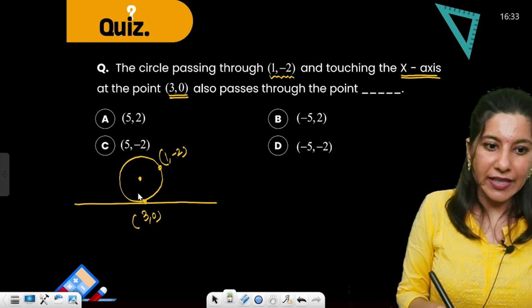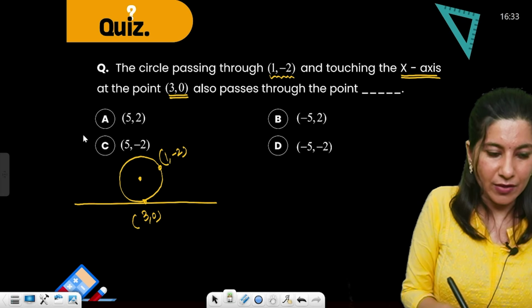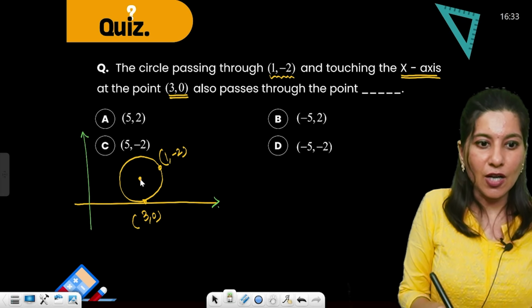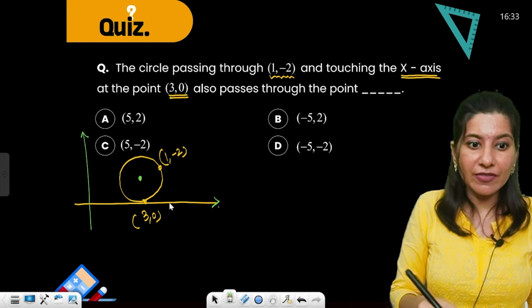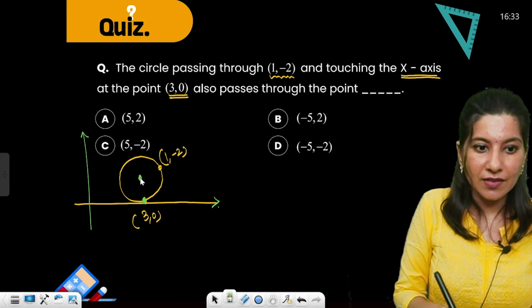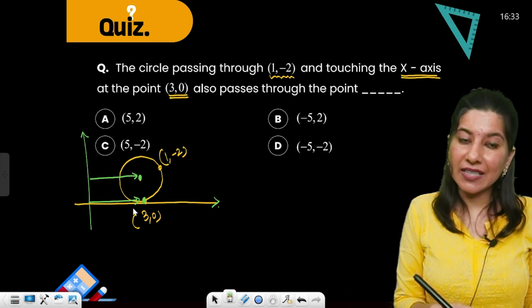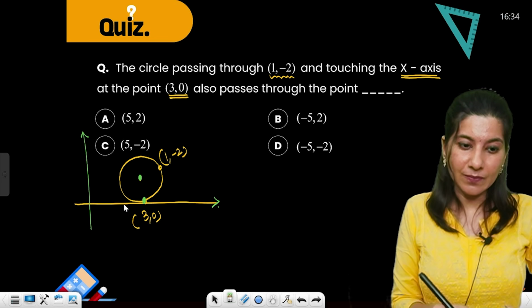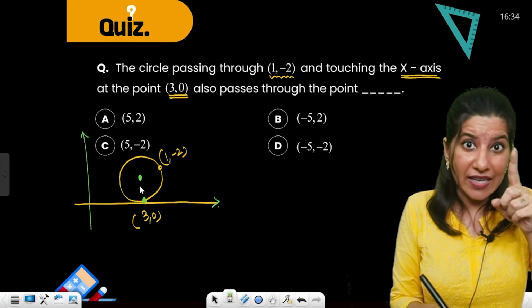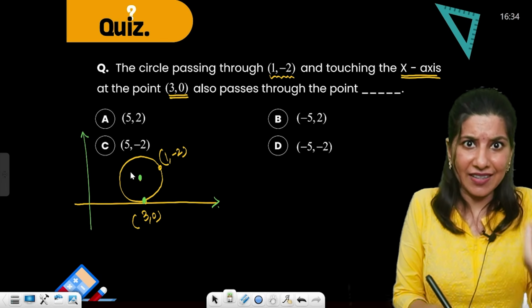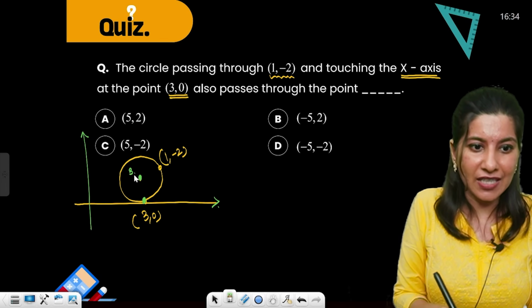Now one thing. This is (3, 0), right? This is your y-axis. This is your x-axis. Now the point which is right above (3, 0): the horizontal distance from this point to that point will be the same, and that would be 3 only. So the x coordinate of the center, by just looking at it, understand the geometry behind it, is 3.